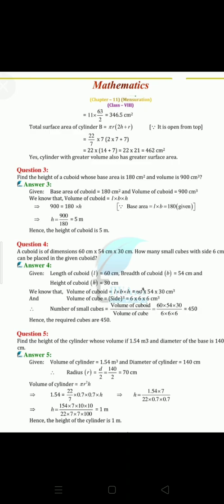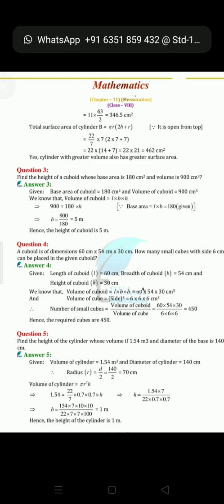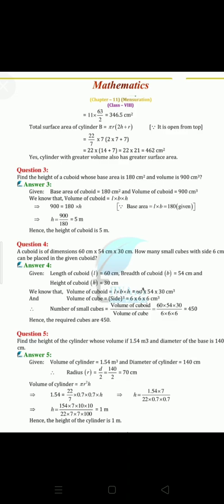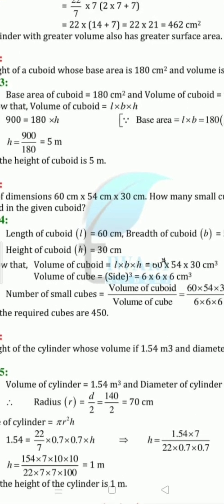So you find the volume of the cube also. What is the volume of the cube formula? Side multiplied by side multiplied by side, or you can say side cube. Once you get that answer, you just have to divide: volume of cuboid divided by volume of cube. That will give you the number of cubes required, which is the capacity of that cuboid to take in.